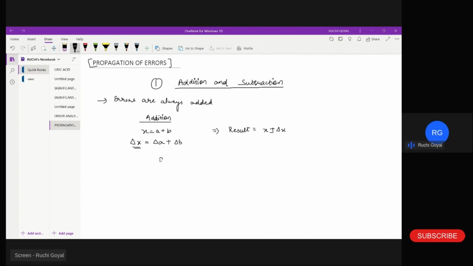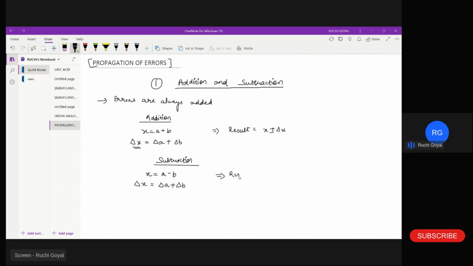Okay, if we have subtraction, then suppose we have the subtraction case x is equal to a minus b. Then also the errors will be added. Delta x will be delta a plus delta b, as I have already said that errors are always added in addition and subtraction.